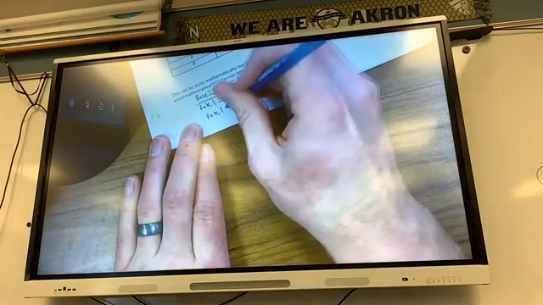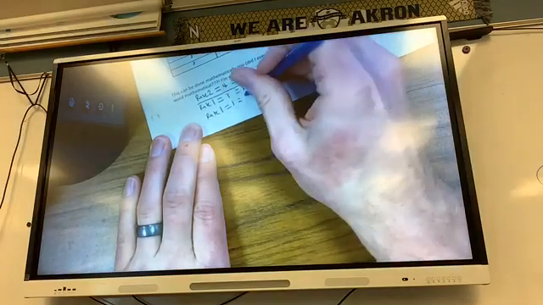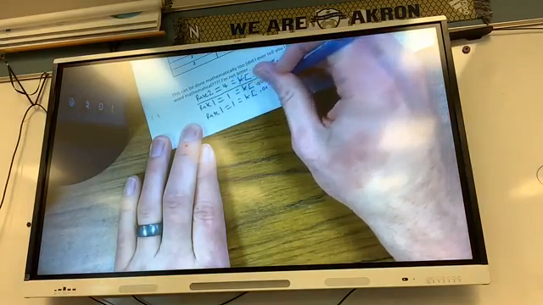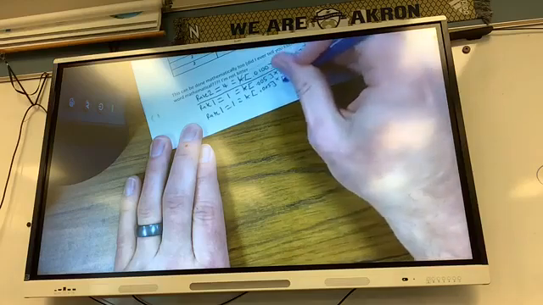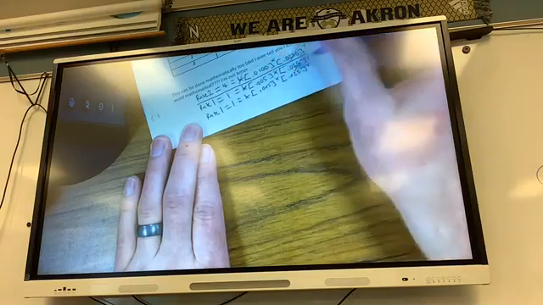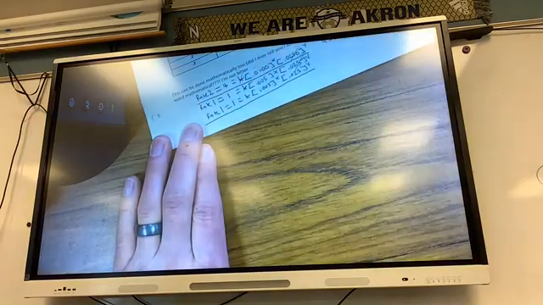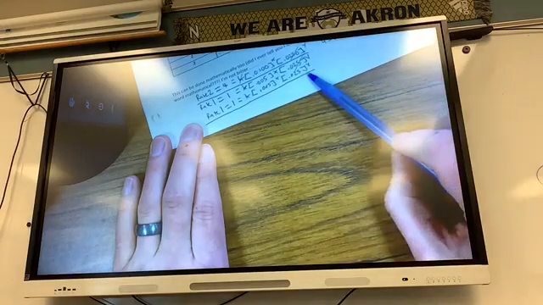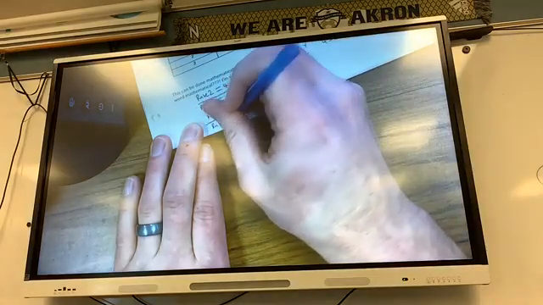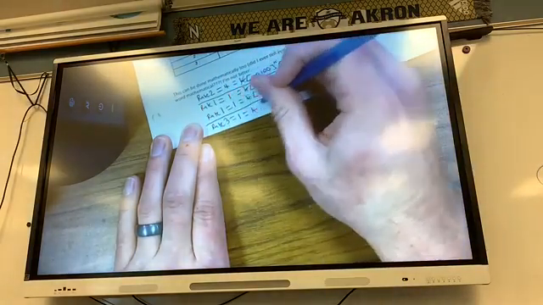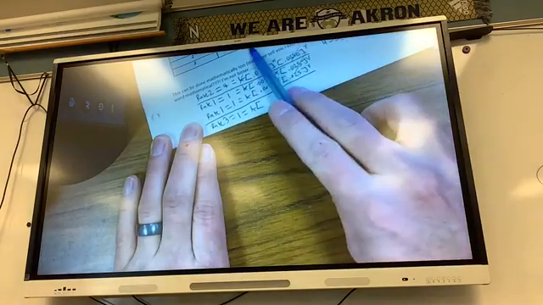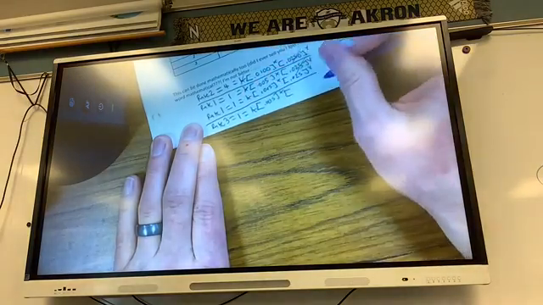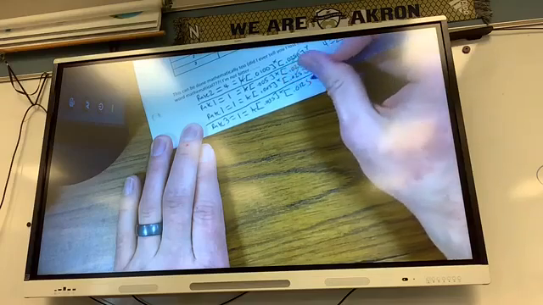So rate 1 equals 1 equals k times the concentration of X, 0.005 to the X, times 0.025 to the Y, divided by rate 3, because I have to keep X the same now to figure out Y. Rate 3 equals 1, which equals k times the concentration of X, still 0.005 to the X, times 0.0125 to the Y.